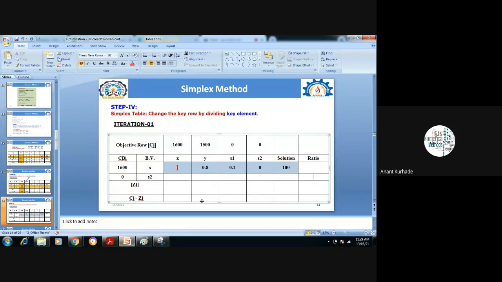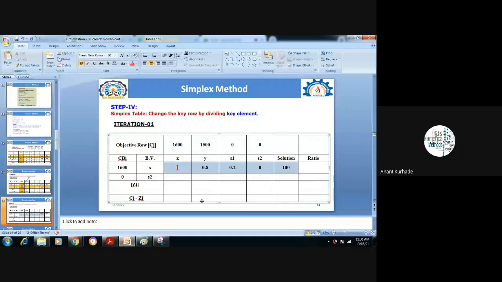How to write the first row? Your first row is the key row from your previous simplex table. So while writing the new values of the key row, you simply take the previous value: new value is equal to old value divided by key element. You can write this formula somewhere.